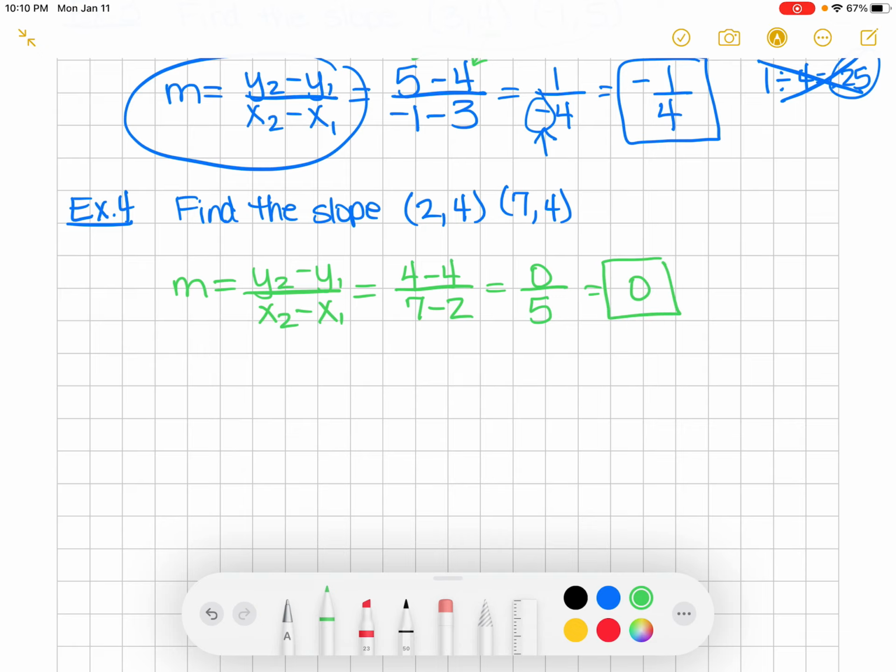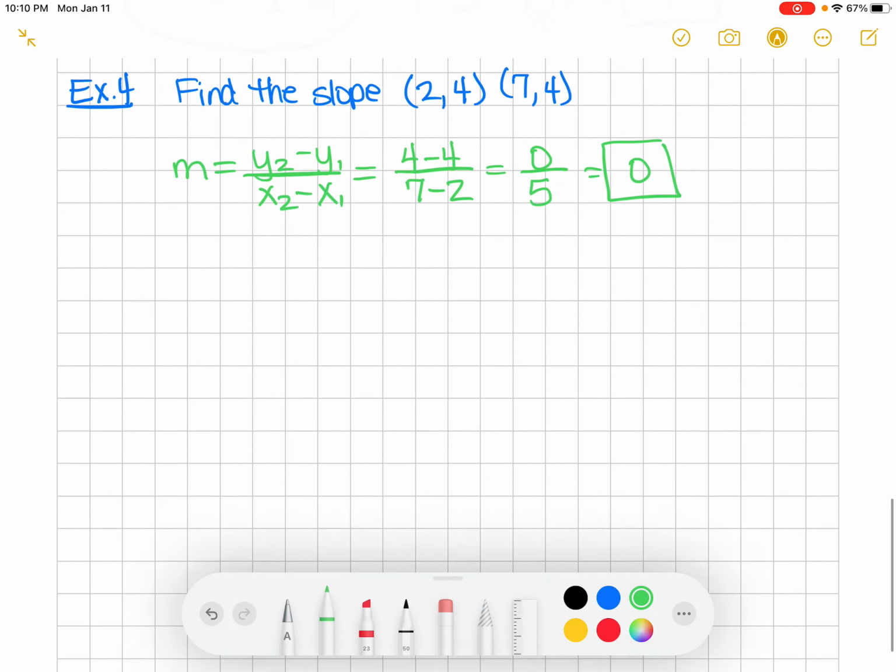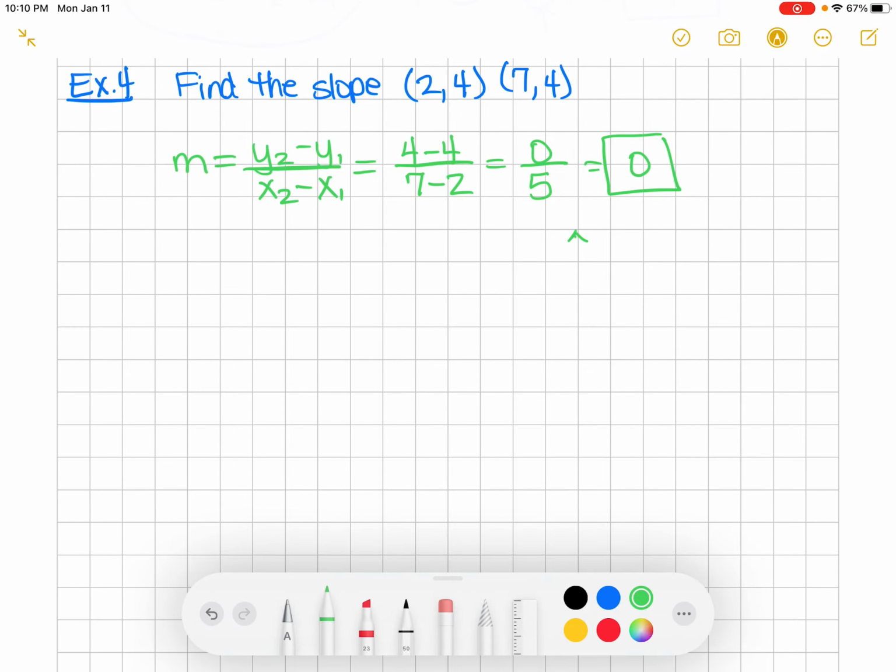And now I want you to see what it looks like if I graph those 2 points. So here's my graph. 1, 2, 3, 4, 5, 6, 7. Trying to do this fast so it doesn't take up too much time.